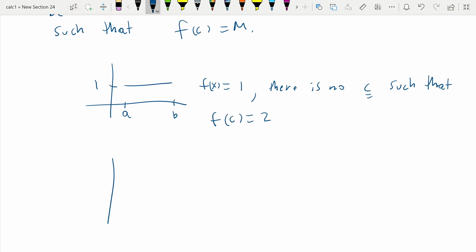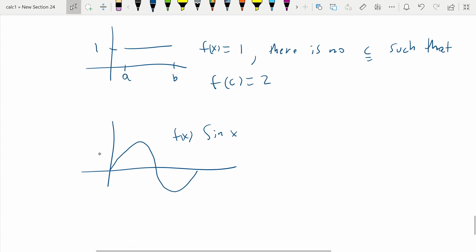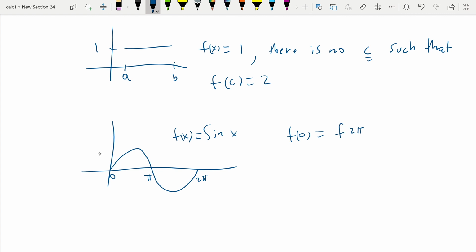But now what about this other example? This is sine of x. f of x is equal to sine of x, on 0 to 2 pi. So f of 0 is equal to f of 2 pi, which is 0. And m equals 1.